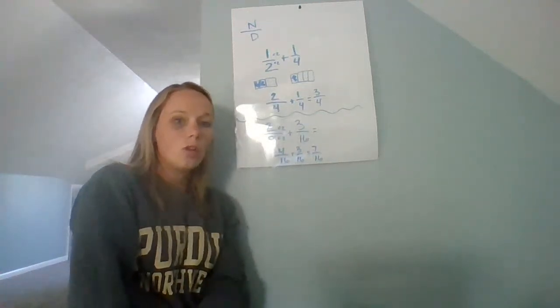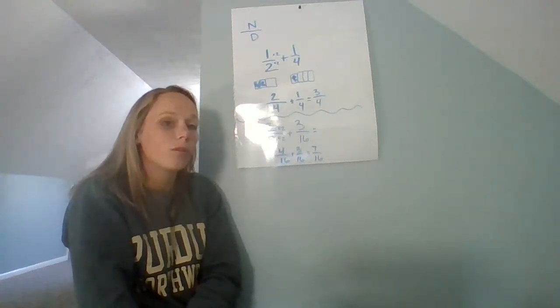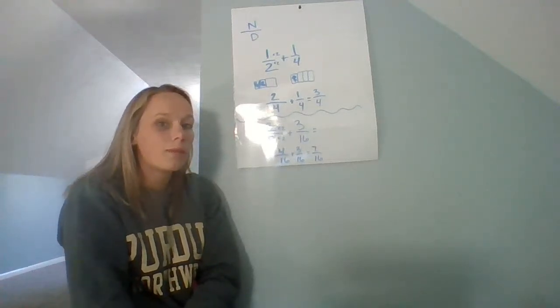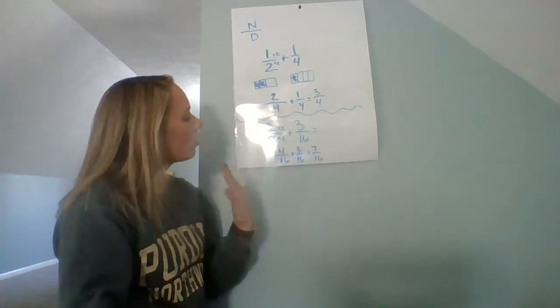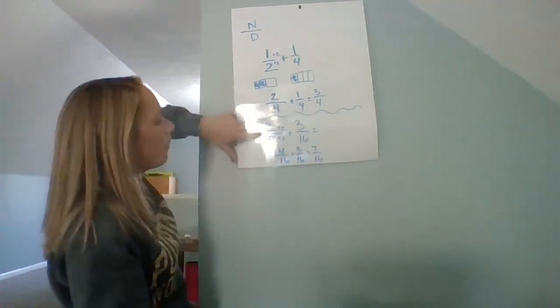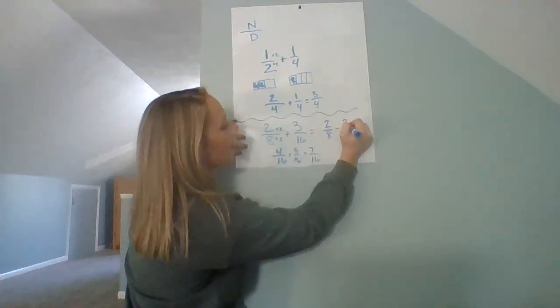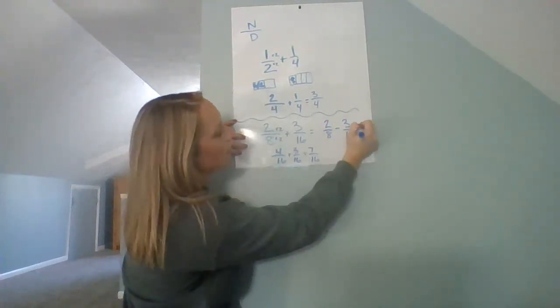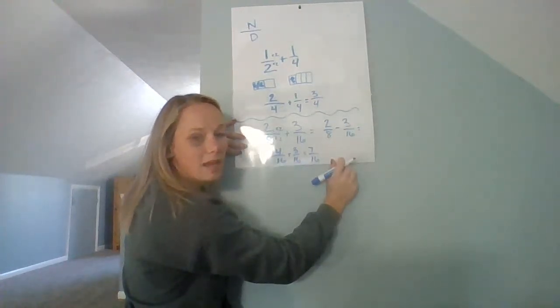All right, so this is adding. We've been doing adding, but we know that adding and subtracting are circles. So when we do the same thing to subtract, okay? So if I have my 2/8 and I want to subtract 3/16, I still need to make my denominators the same.